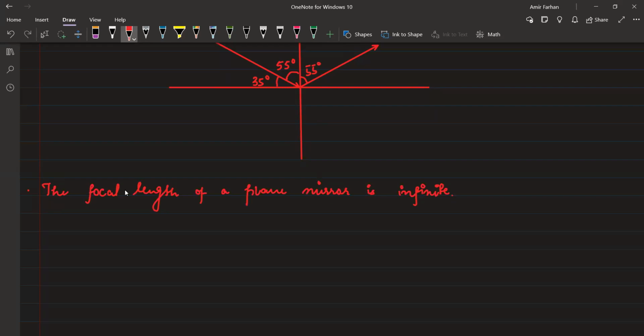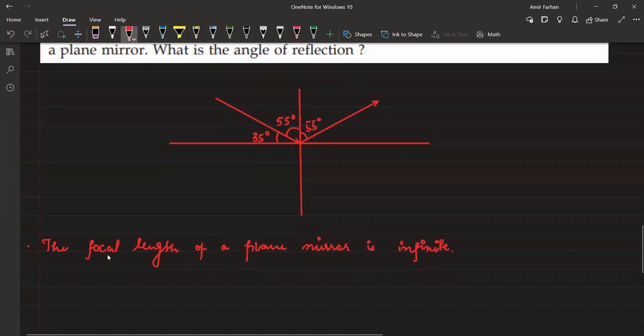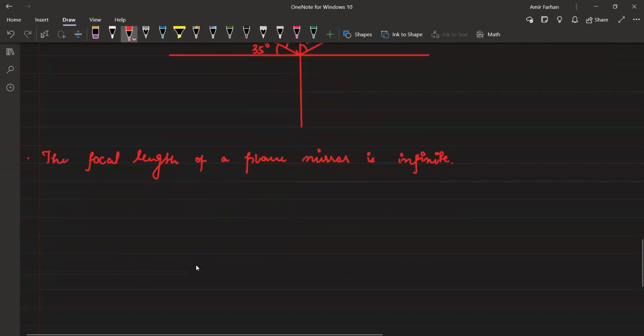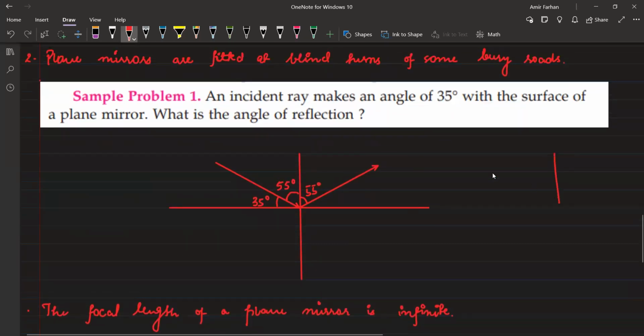Basically, focal length means a point at which the intersection of rays happens. When the light ray is parallel and your mirror reflects it back, suppose the light ray is going in this manner, parallel to the principal axis, it will be reflected back at some angle. This point will be considered as the focus, the actual intersection point.